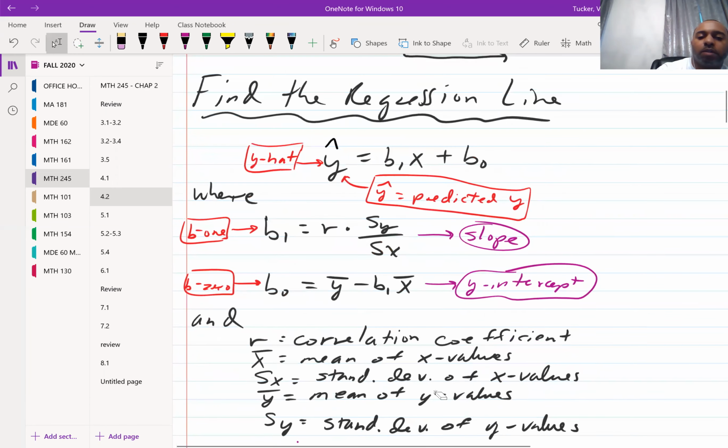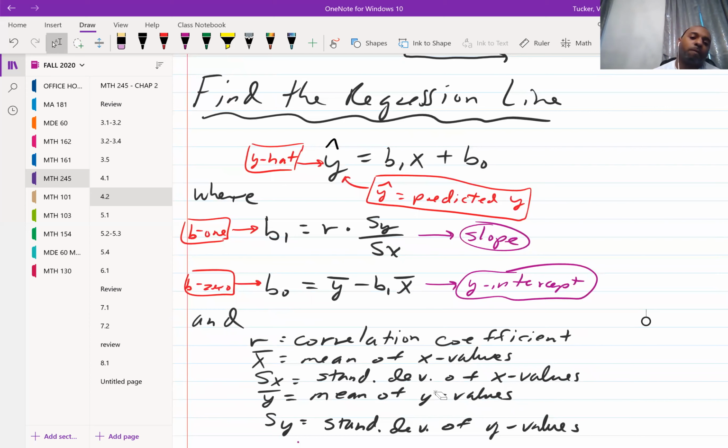Okay, that's it. So r is your correlation coefficient, like we mentioned last section. x bar is the mean of your x values. s sub x is the standard deviation of your x values. y bar is the mean of your y values. s sub y is the standard deviation of your y values.